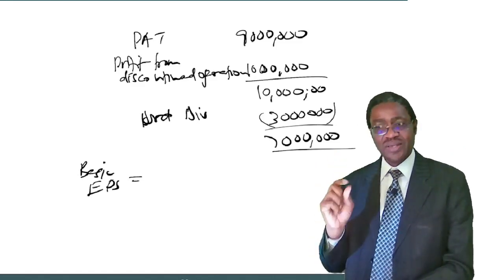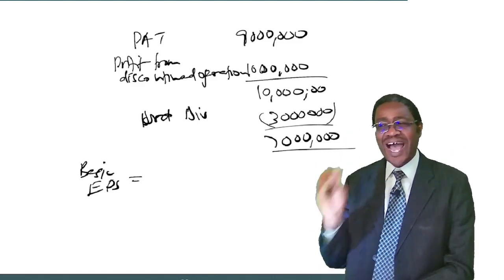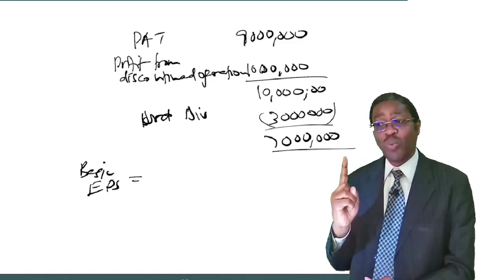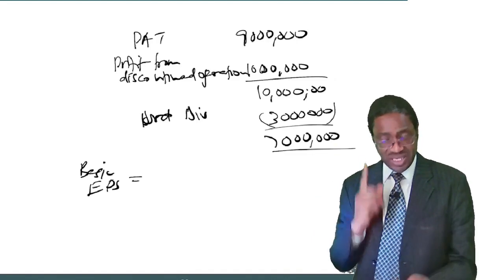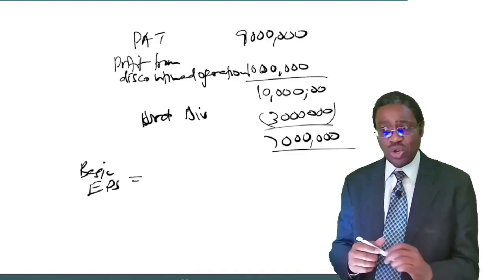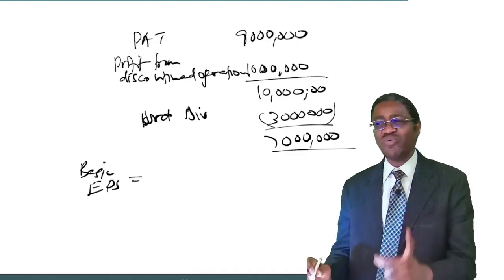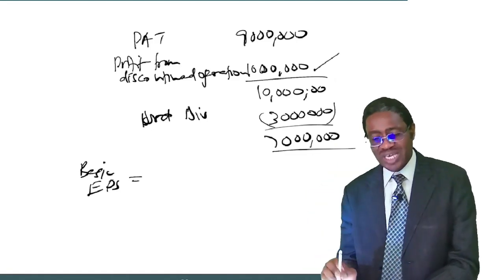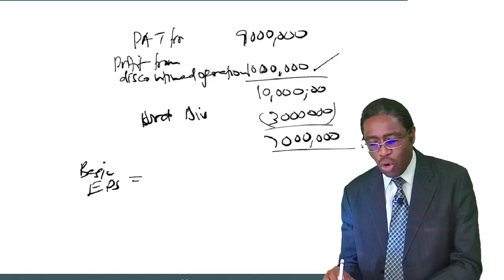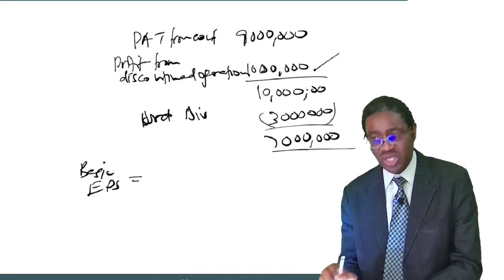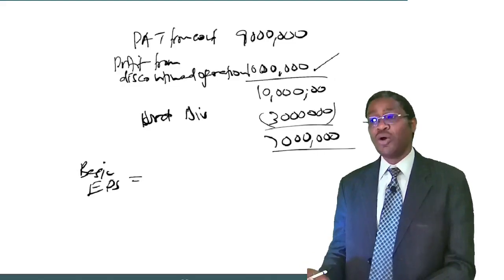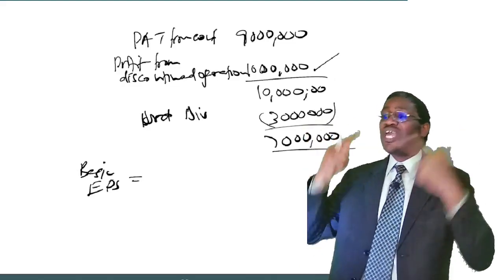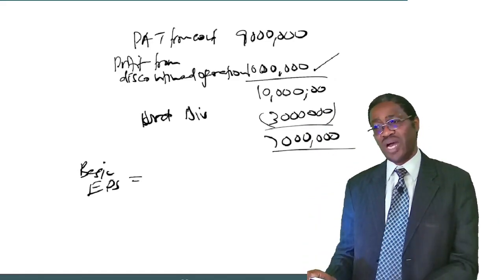From that discontinued operation, we made a profit of 1 million. 9 million is the profit after tax from continuing operations. We call it profit from continuing operations. Those operations that you still are continuing with gave you a profit after tax of 9 million.